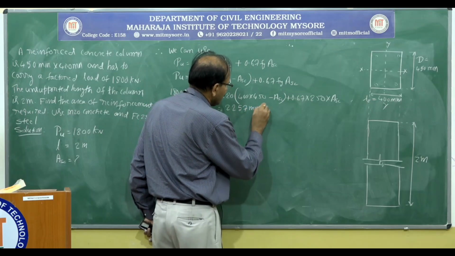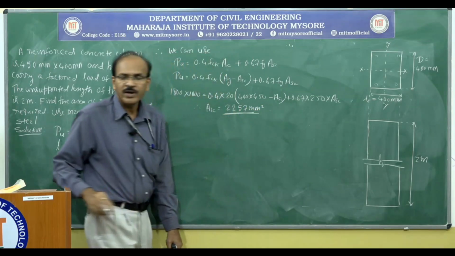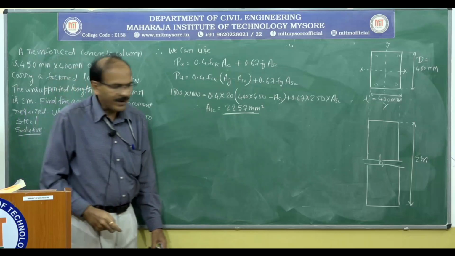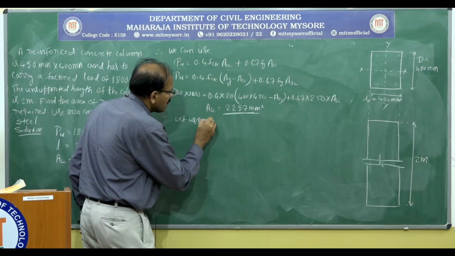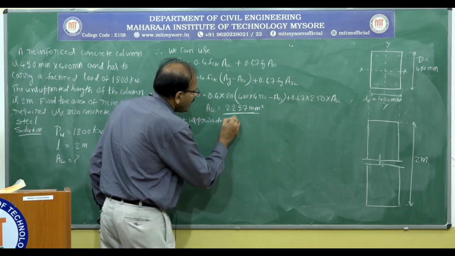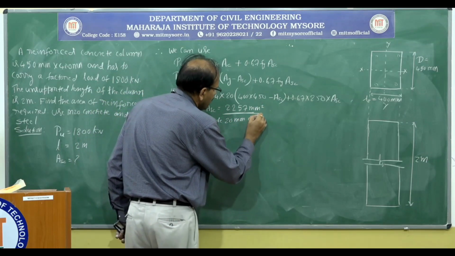2257 millimeter square. Okay. So let us provide 20 mm dia bars.